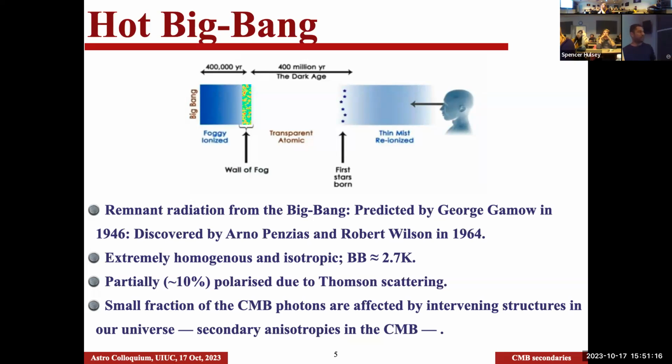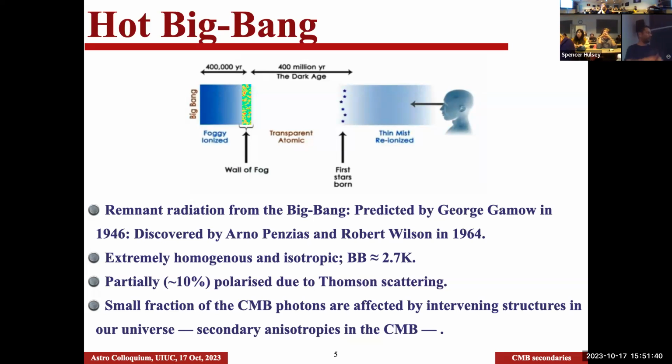The other important fact about the cosmic microwave background is that at the time of recombination, when the CMB photons are starting to free stream towards us, there are still some free electrons left, right? Because the universe did not go from a dense, hot ionized medium to suddenly neutral.